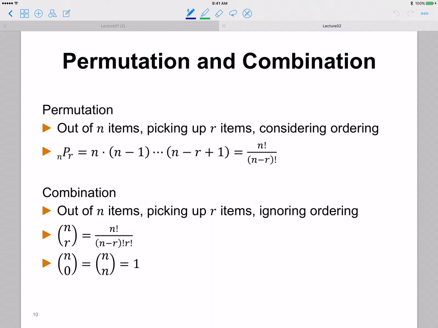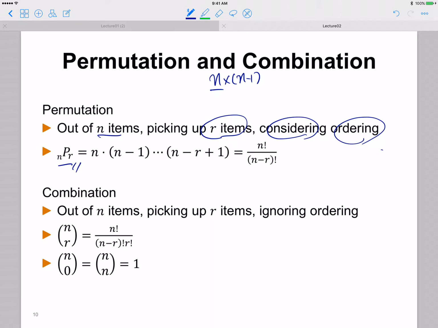Yes. Okay, then the permutation and combination. So permutation: out of n items, we are picking r items, considering their ordering, right? So in this case, it is composed of r trials of picking some elements, and altogether this is forming one experiment.